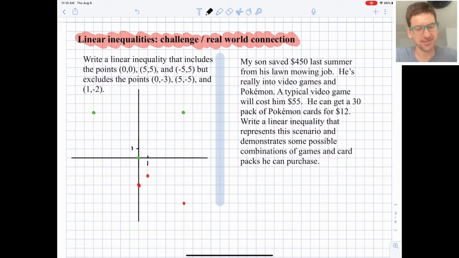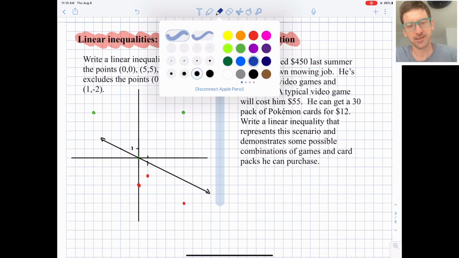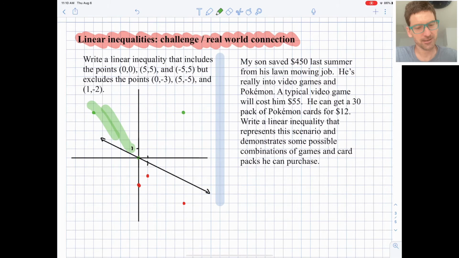So here's what I'm going to do. I'm going to have the line go right through the origin, and I'm going to give it a slope of -1/2. Right there. And then we want to shade everything above that and including that, right?